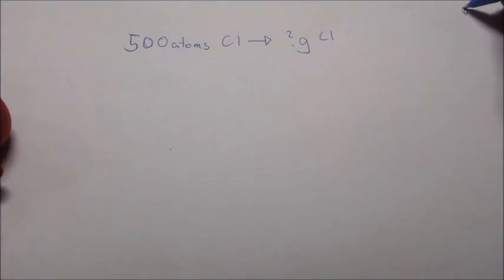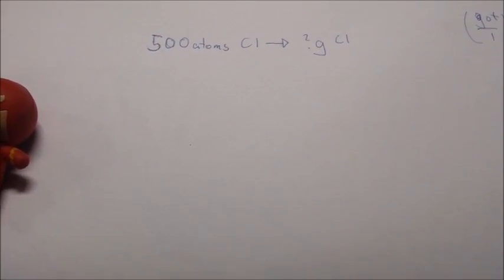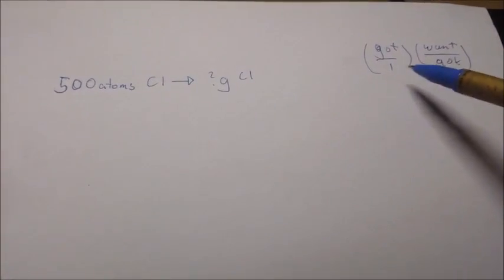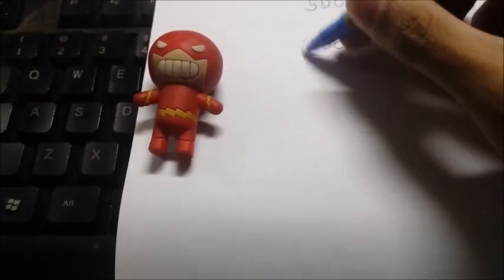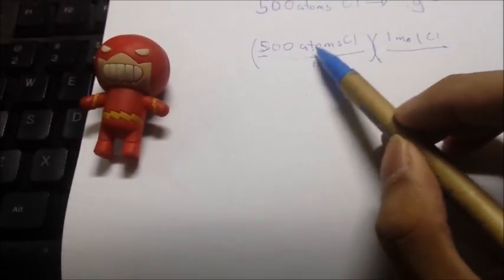First, always remember that form that I told you earlier: what you got over 1 times what you want over what you got. This is very handy, this form. So now let's substitute 500 atoms of chlorine over 1 times 1 mole of chlorine over the Avogadro's number, because this one is atoms, okay?